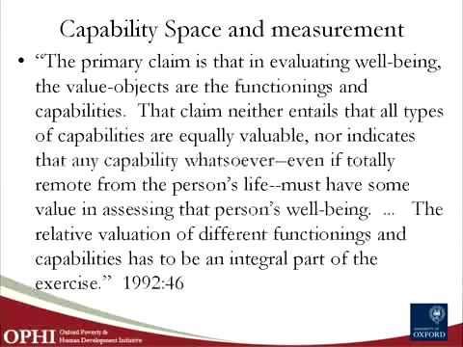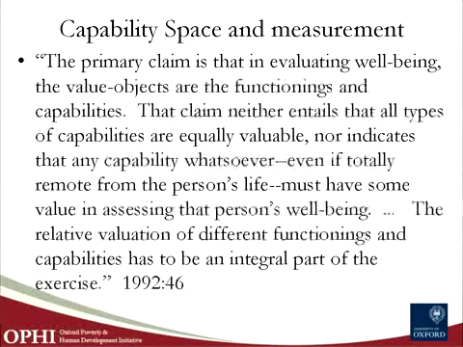But arguing this doesn't, in a sense, take any of these discussions that we've already been having about the selection of dimensions and indicators away. So he says the primary claim is that the value objects are functionings, but this claim neither entails that all types of capability are equally valuable, nor indicates that any capability whatsoever, even if totally remote from the person's life, must have some value in assessing that person's well-being.